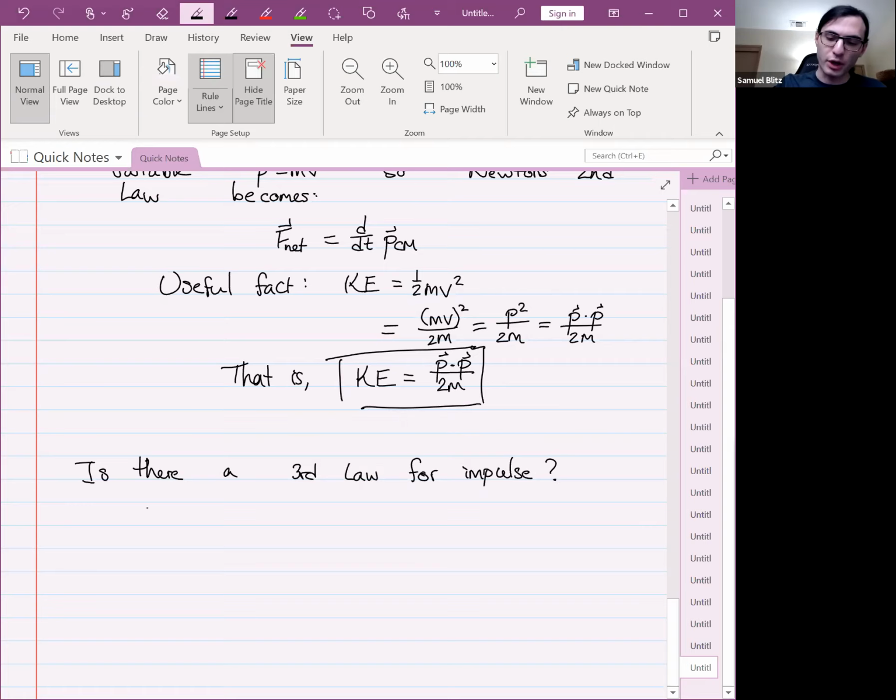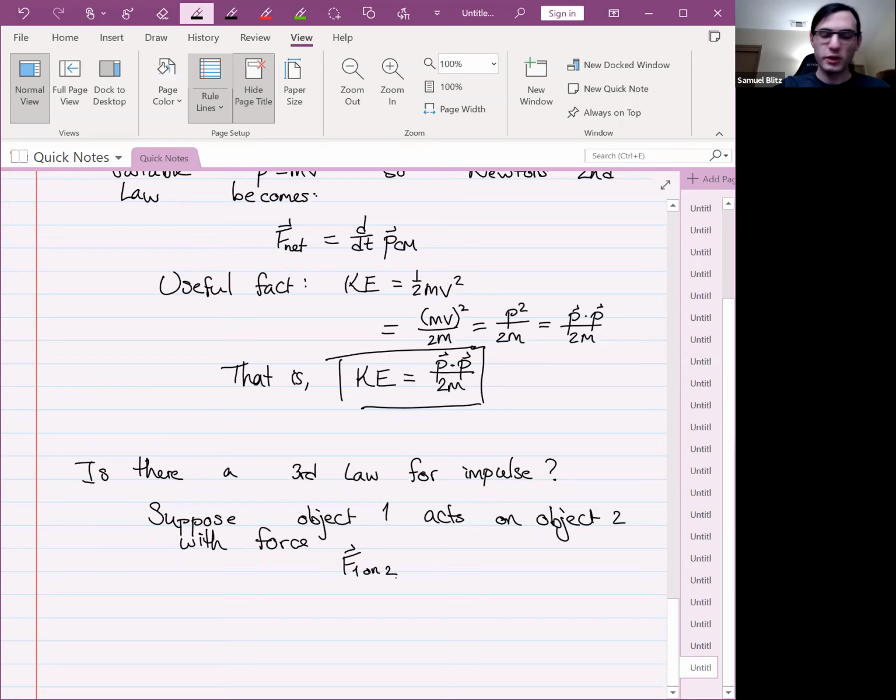So let's suppose object 1 acts on object 2 with force, let's say F1 on 2, for a duration dt. This is just a small duration. In fact, it's infinitesimal, but it's just small.